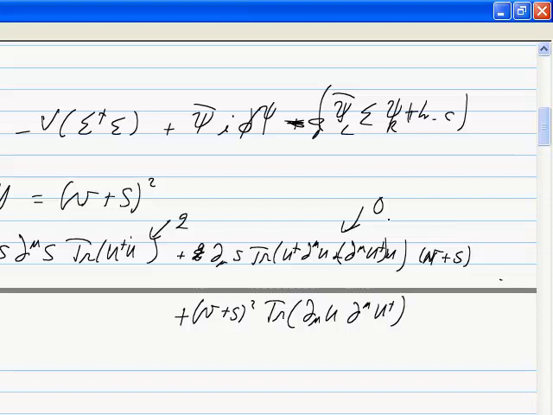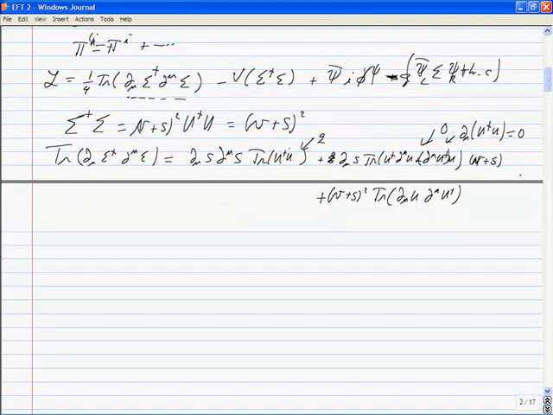The other way to see it is that this is the derivative of U dagger U, which is the derivative of 1, which is 0. Okay, so either way, we get it to vanish.